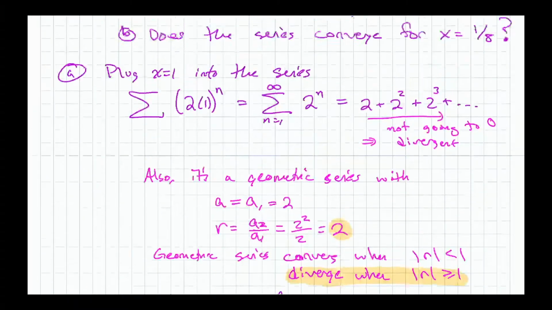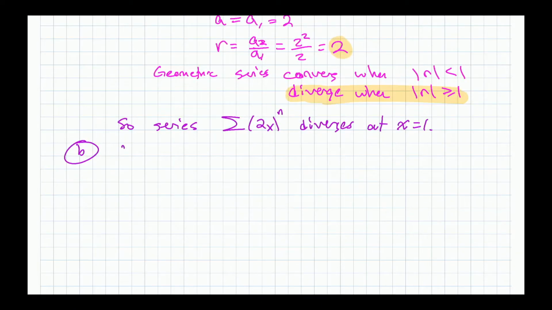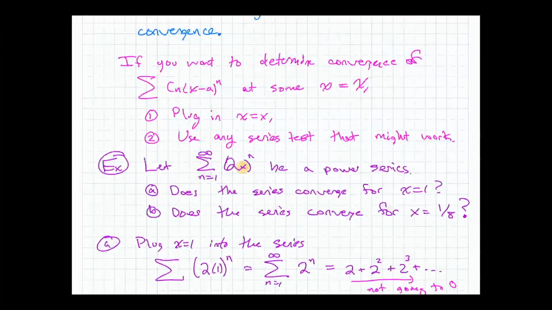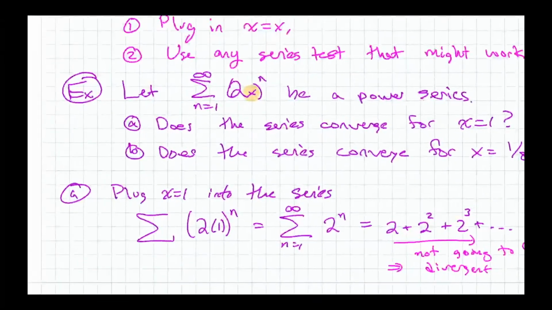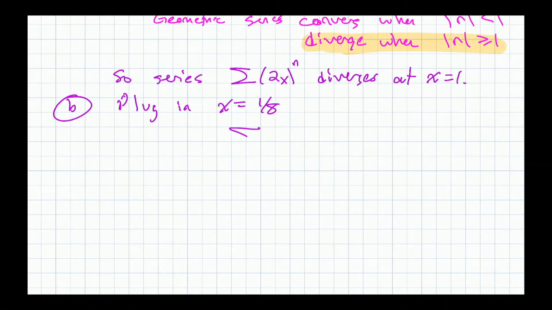The second one was a different value. What was it? It was x equals 1/8. So we're going to plug x equals 1/8 back into the original series, 2x to the n. So that is going to be the sum from n equals 1 to infinity of 2 times one eighth to the n.